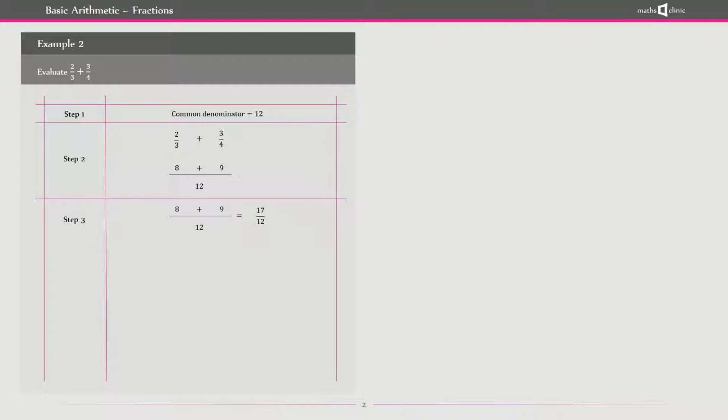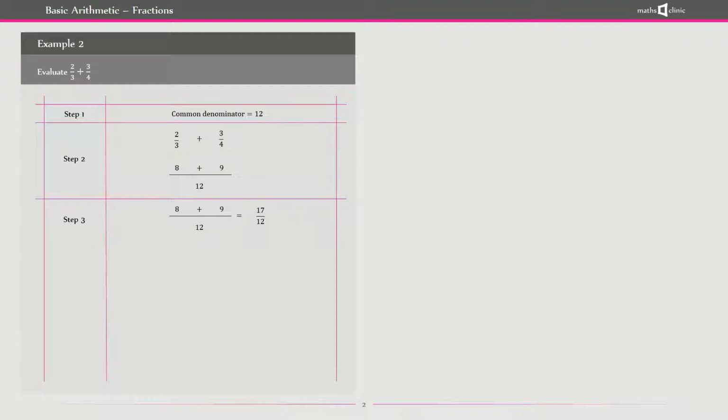We have a very strange looking fraction at the moment: 17 over 12. Remember, a fraction is a part of a whole. Say we have a pizza that's been cut into 12 slices. We actually have 17 slices out of 12, which is quite weird.